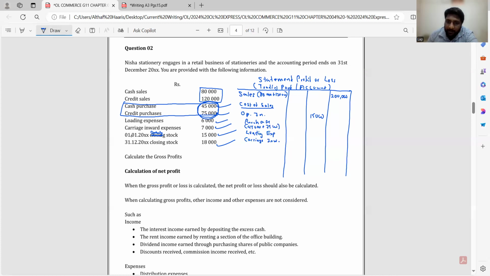You write the full thing. Okay. 120. Loading 6. Carriage 7. 133.